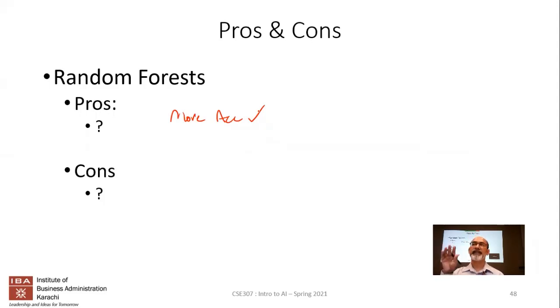Earlier, in the single decision tree, you would actually use the entire data set. You're not going to make subsets. You're going to use the entire data set and all the features and come up with a single decision. So the question is, is that better, or is it better to break it down into a random forest?